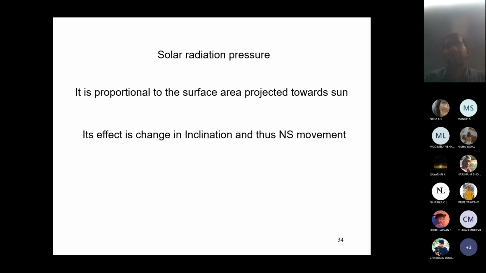And over and above that, we have discussed the reality, that means what are the effects which have not been considered in Kepler's law, and how those effects affect the orbital parameters of the satellites.